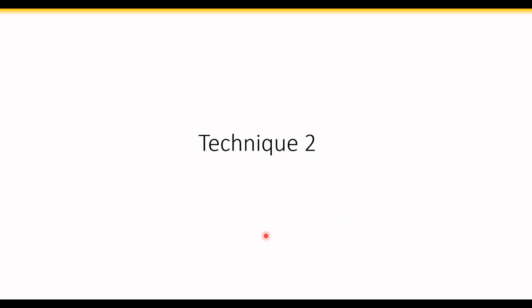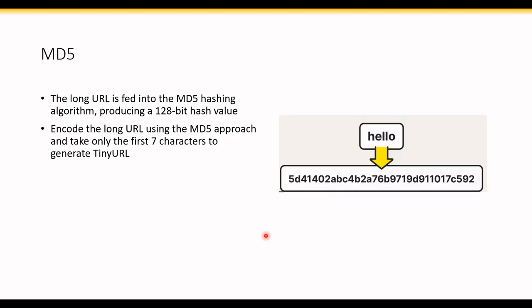So let us take a look at one more technique, the MD5 hashing algorithm, which could also be considered for generating tiny URLs. It encodes the long URL using the MD5 approach and takes only the first 7 characters to generate the tiny URL.